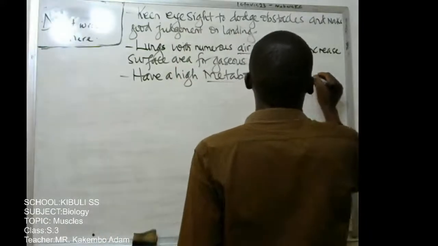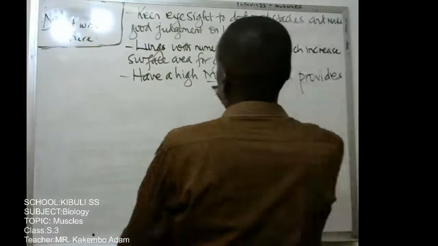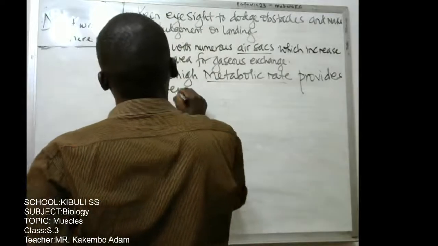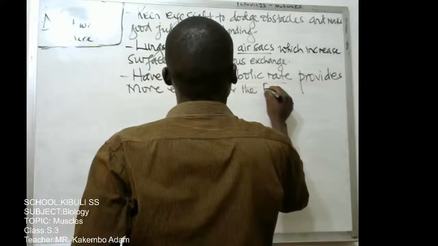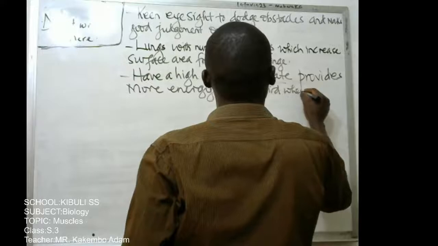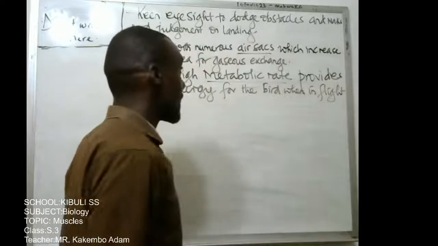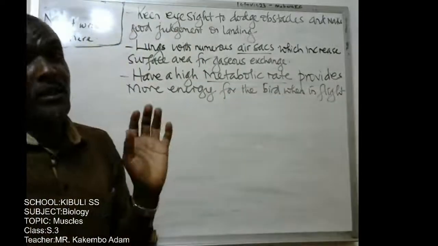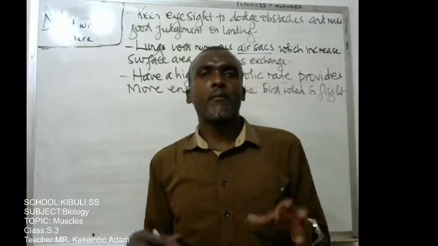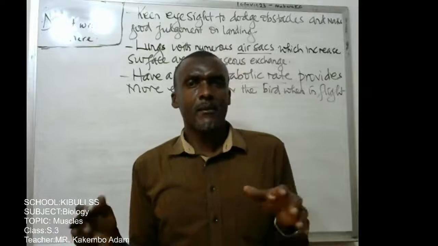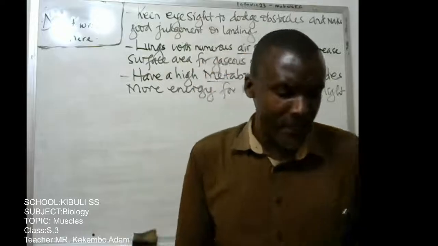This provides more energy for the birds when in flight, and that high metabolic rate also increases heat in the body, thereby regulating the body temperature of the bird. Remember, it is an endotherm. It can generate its own body heat.